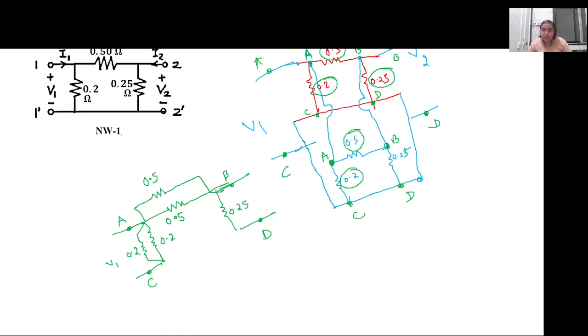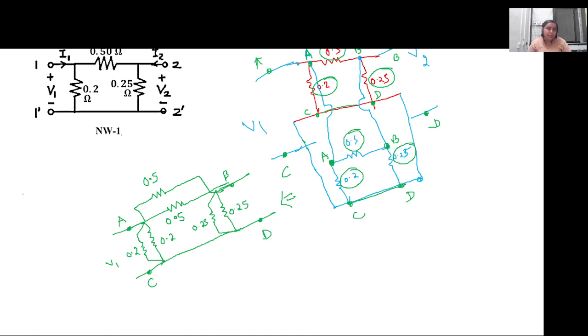Also between B and D, for the second network, 0.25 ohm resistance is connected. C and D are short circuited in both the networks. So the two parallel networks can be reduced to this.